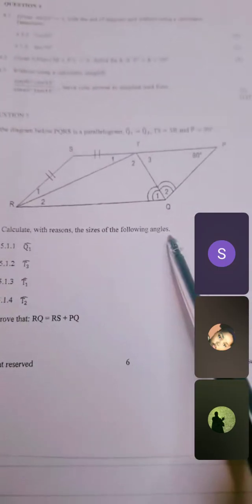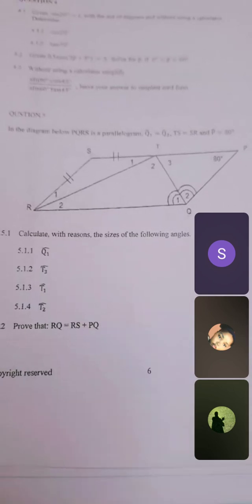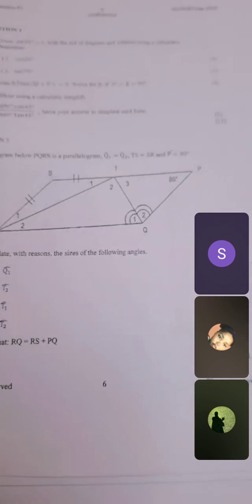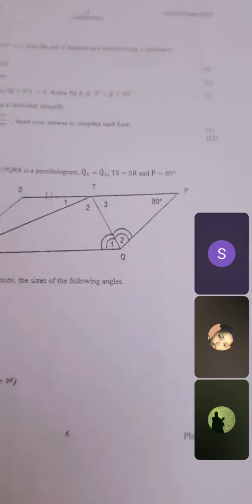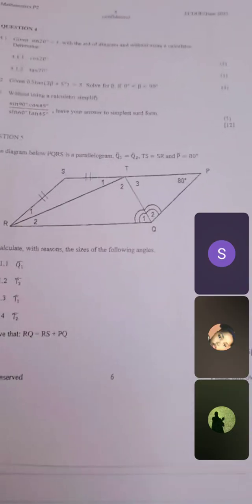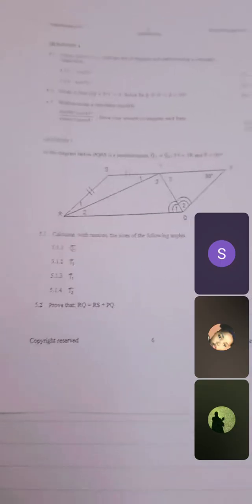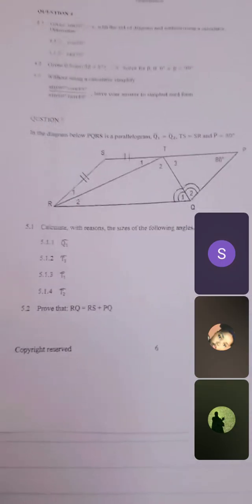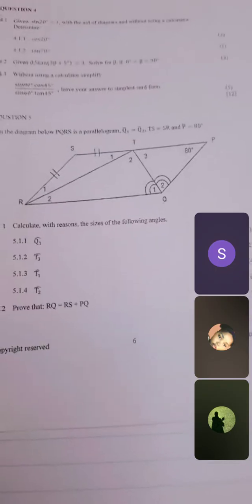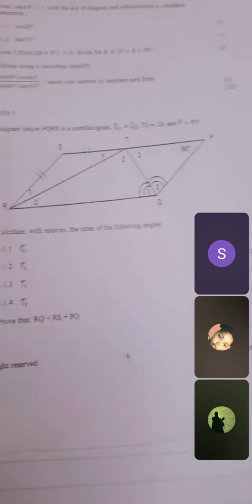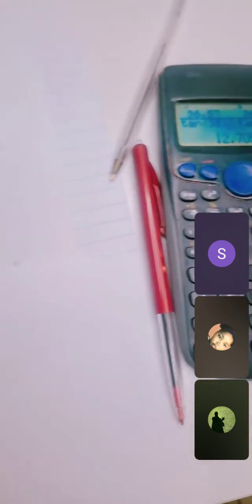Now 5.1 says calculate with reasons the sizes of the following angles. Angle Q1. I'm hiding the other questions so that we can focus on one question at a time.